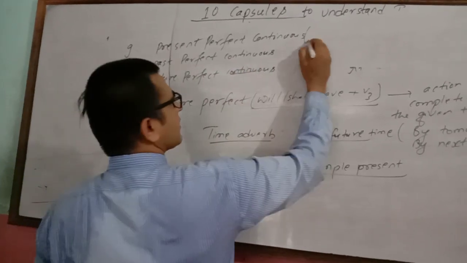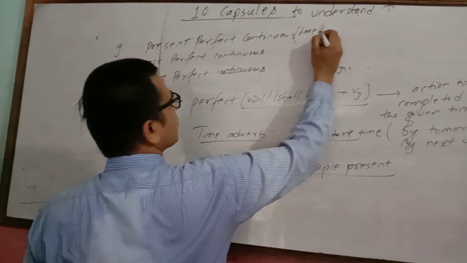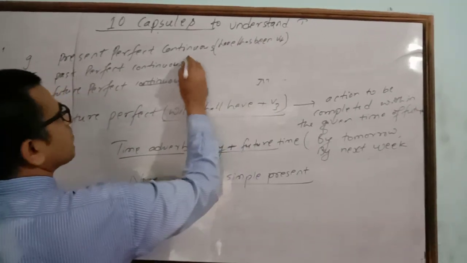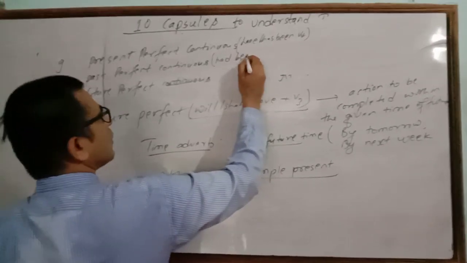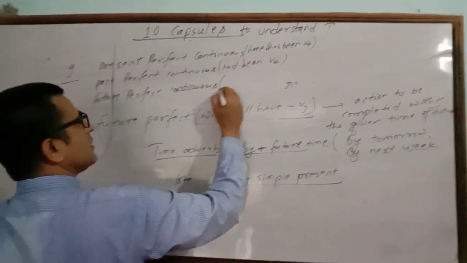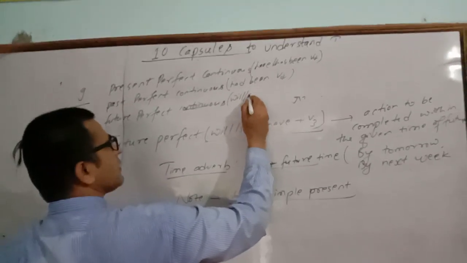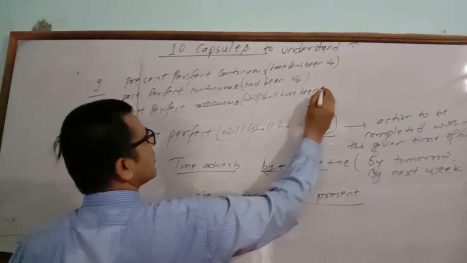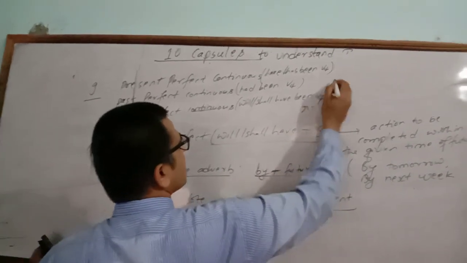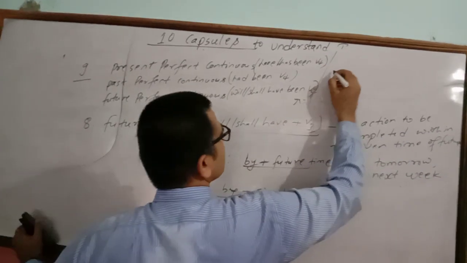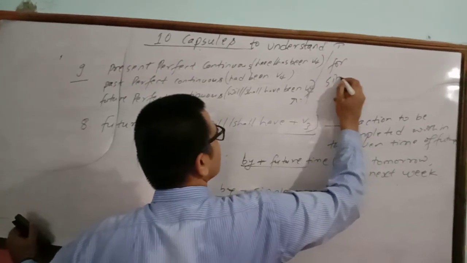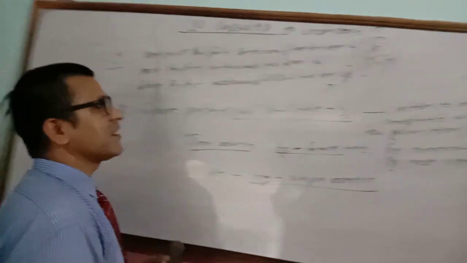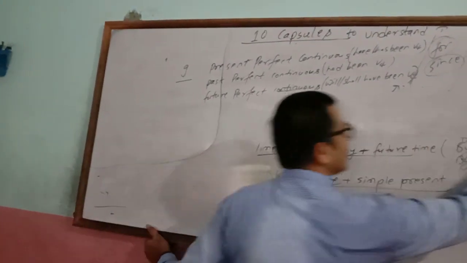We know the structure. What are the structures? For present perfect continuous, have, has been before. For past perfect continuous, had been before. Remember, future perfect continuous: will, shall, have been before. What is the common thing? We use for and since there. Preposition must be there. Either for or since. After that, there must be time verbs.